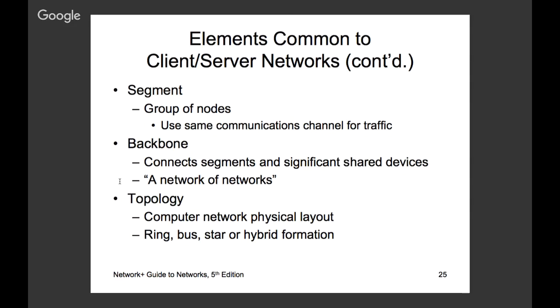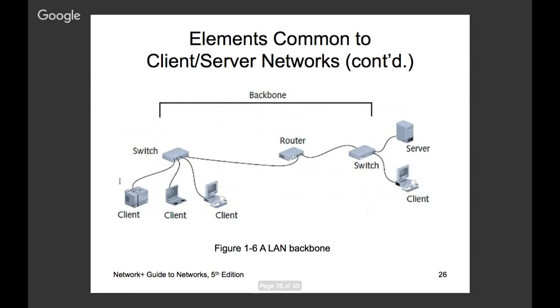But there's 4 topologies in a network: a ring topology, bus, star, or hybrid formation. So when it comes to networks, as far as a backbone, here's a good example of one. We'll say between the client and server and the switches on the left and right is Cat5. And we'll just say, for argument's sake, that the connection between the switches and the router in the middle is fiber.